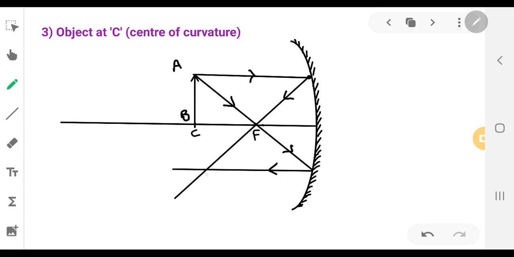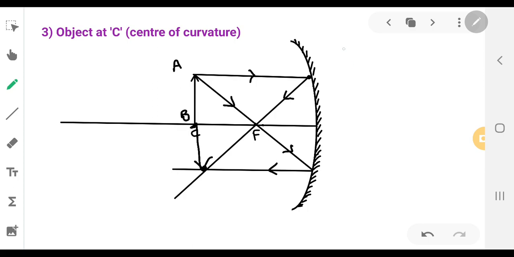Now look at these two rays. They are actually meeting at a point. So where is the image formed? It is also formed at C only.